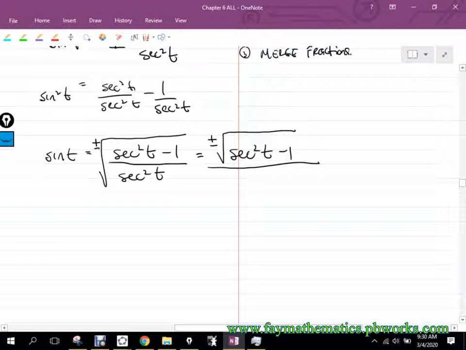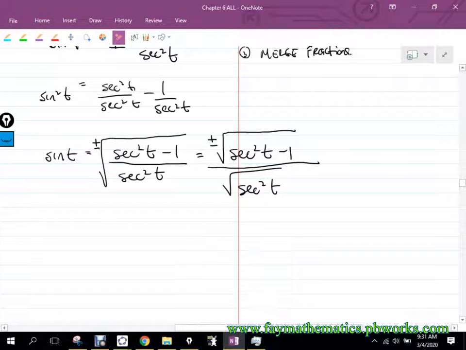And the denominator is going to be secant squared t underneath. But what's going to happen with that square root and the power of 2? They cancel. Okay. So now the way I've gotten this written, remember we wanted sine, so this is my answer. I just have to choose the plus or minus.